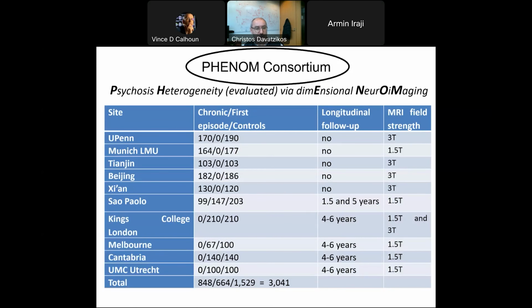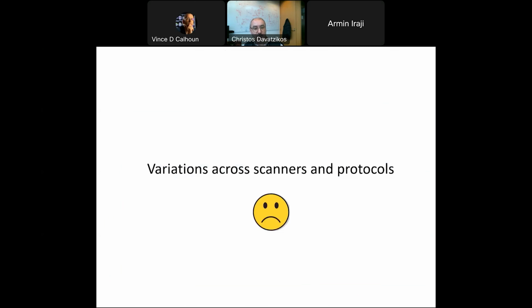We had a consortium, the Phenom Consortium in psychosis, where we put together data from a number of studies of people looking at primarily schizophrenia.